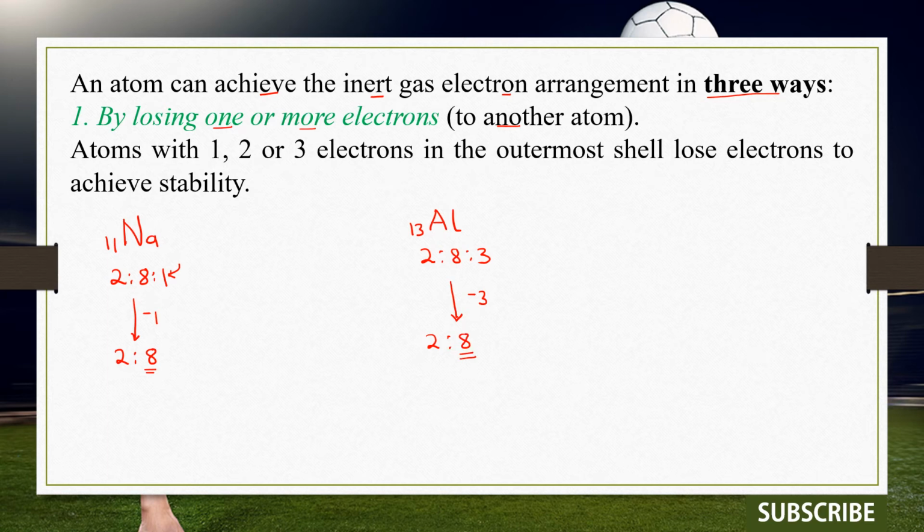So in this case, sodium has lost this 1 electron, while aluminium will lose these 3 electrons. So this is an example to show that some atoms can lose 1 or 3, and an element which can lose 2 can be magnesium. Try it out and see how stable it will be.